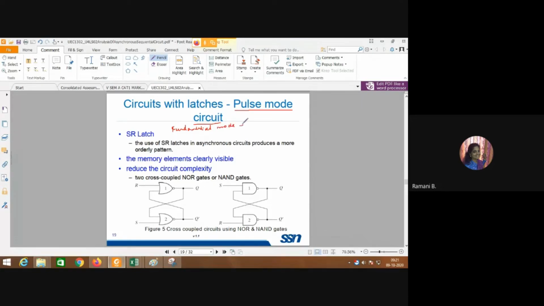So in this actually only one state variable changes value. I was mentioning yesterday, right? So only one state variable changes value at a time. That type of circuit we call it as the fundamental mode.